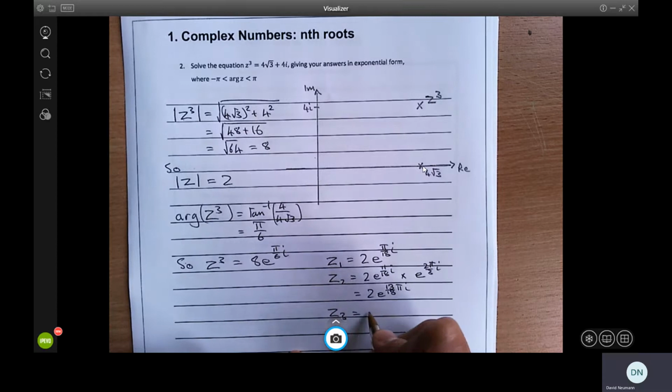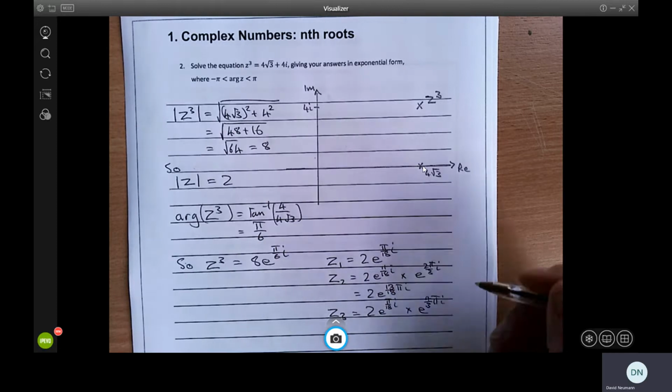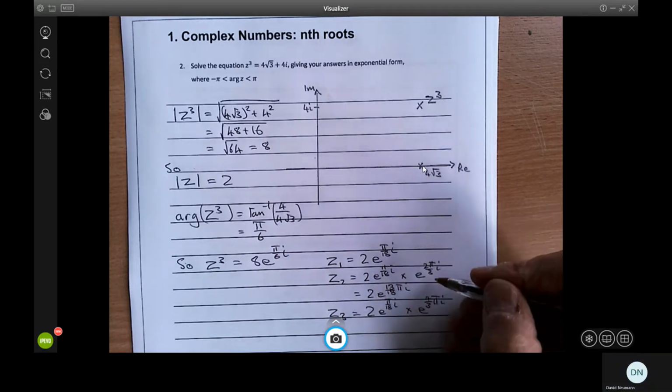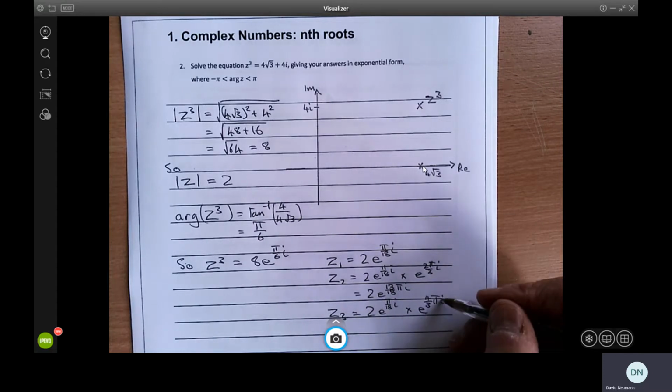z3 is going to be 2e to the pi over 18 i times e to the 4 over 3 pi i. So the three cube roots of 1 are 1, e to the 2/3 pi i, and e to the 4/3 pi i.